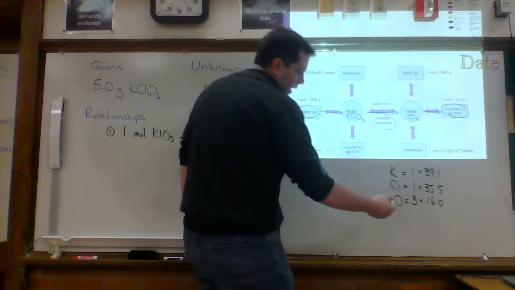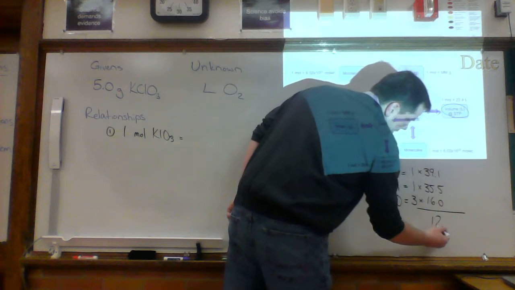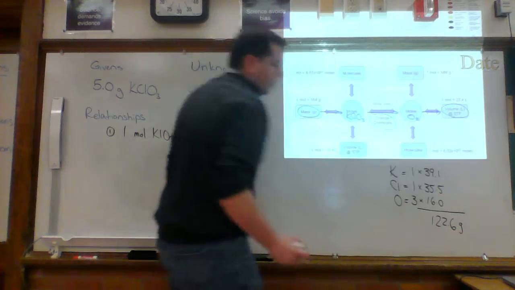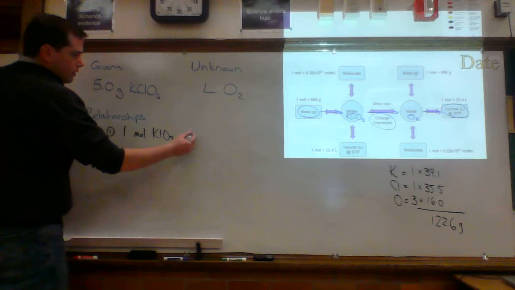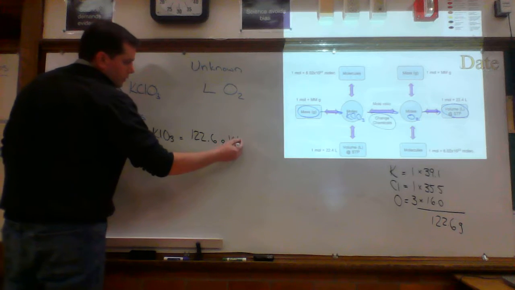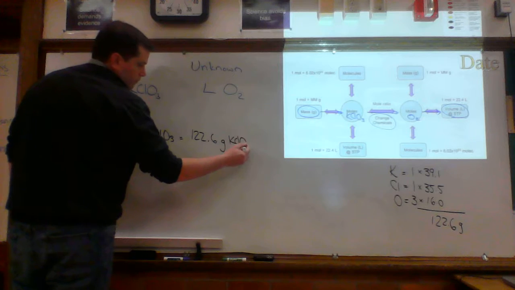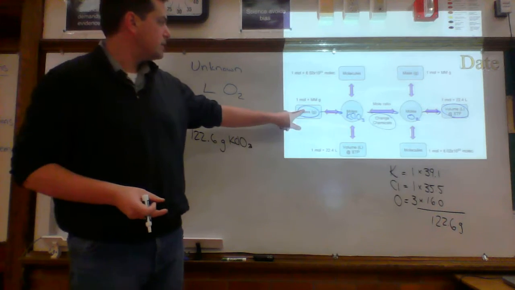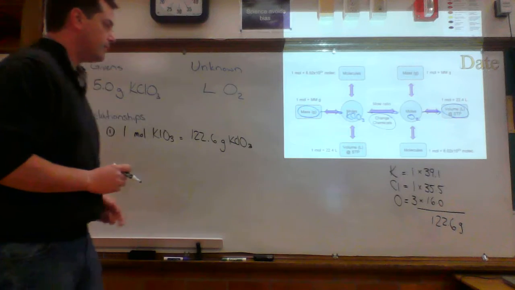When you add all that up, you get 122.6 grams per mole. 122.6 grams KClO3. That will get me from mass to moles.